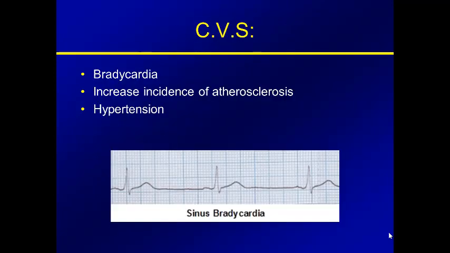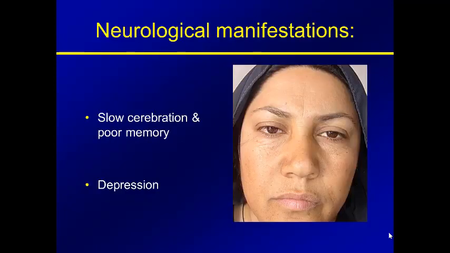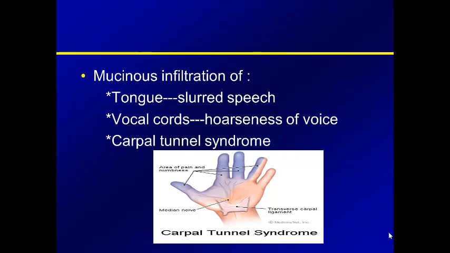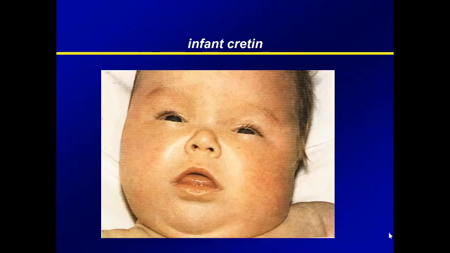With the cardiovascular background, there is sinus bradycardia, and with increased incidence of atherosclerosis, with slow cerebration and depression. Sometimes mucinous infiltration of special areas like the tongue, giving slurred speech. Vocal cords, hoarseness of voice. Carpal tunnel syndrome.